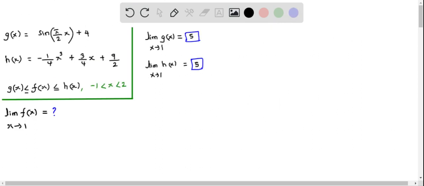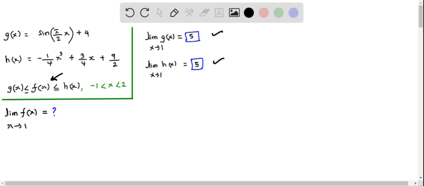We now see that the limit of g of x as x approaches 1 equals 5, and the limit of h of x as x approaches 1 is also 5. These two are equal to each other, and we also know that f of x is squeezed between g of x and h of x.